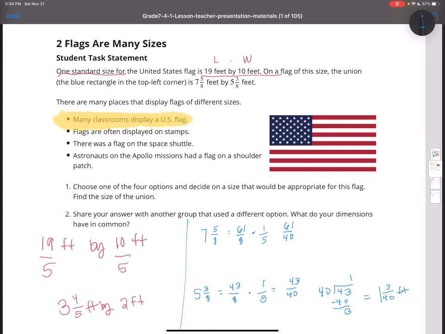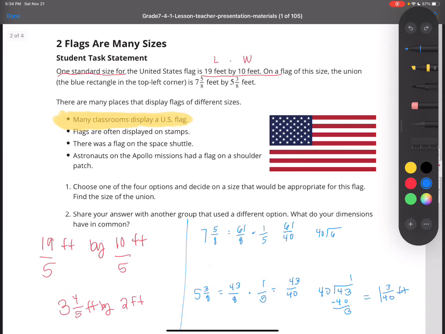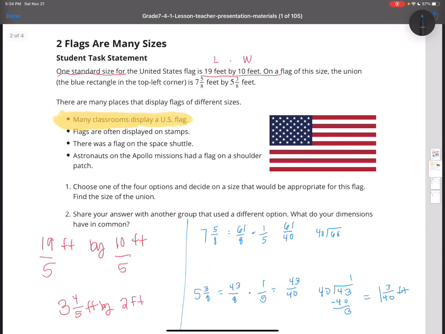And then for this one, well, I made a mistake. I put 61. 40 could go into 61 one time, which would give me 21. So 1 and 21 over 40 feet.